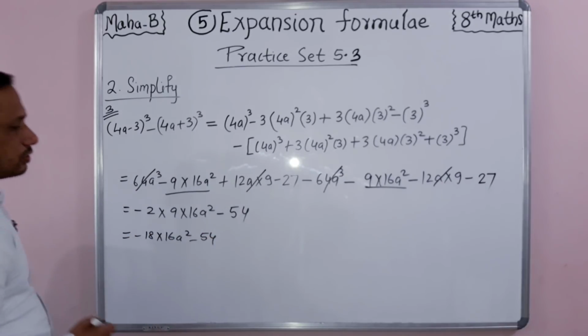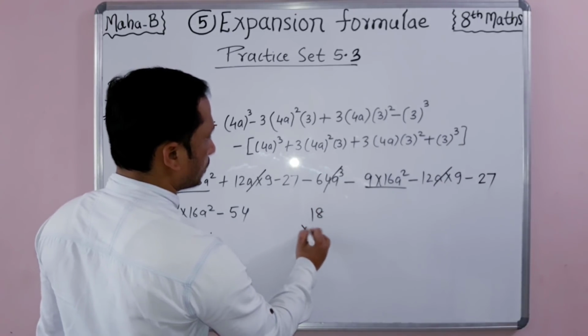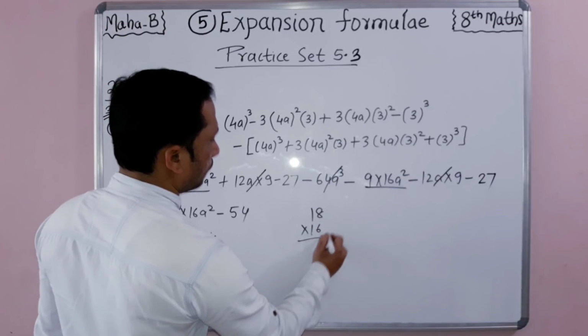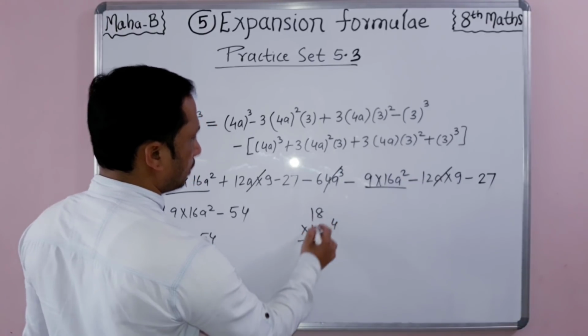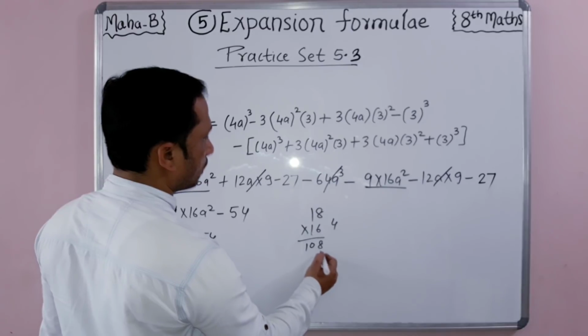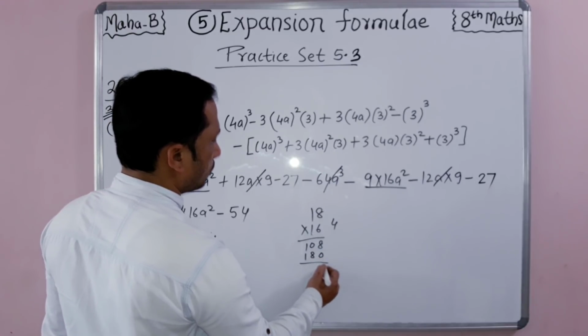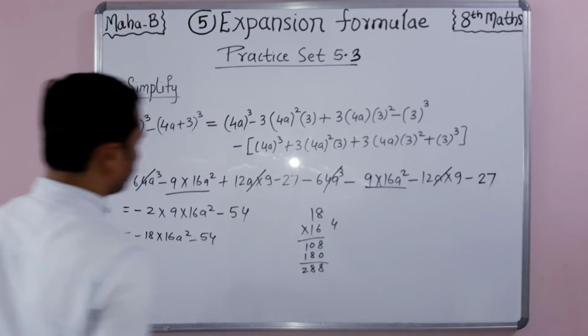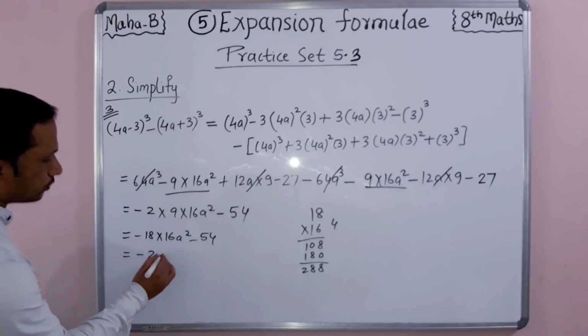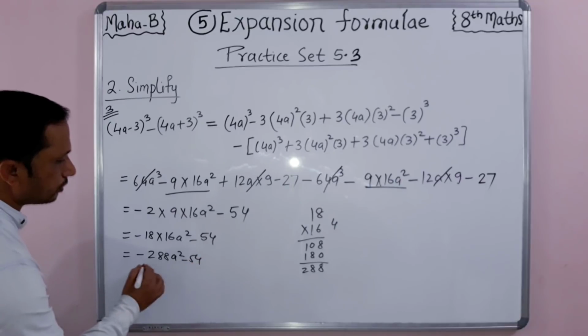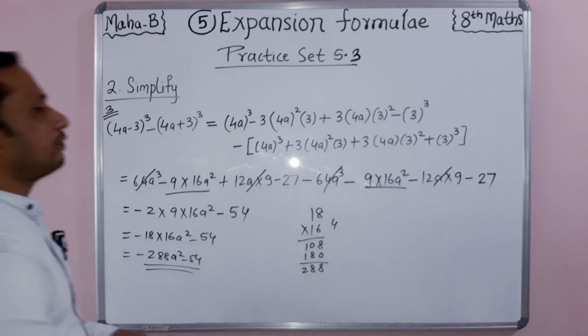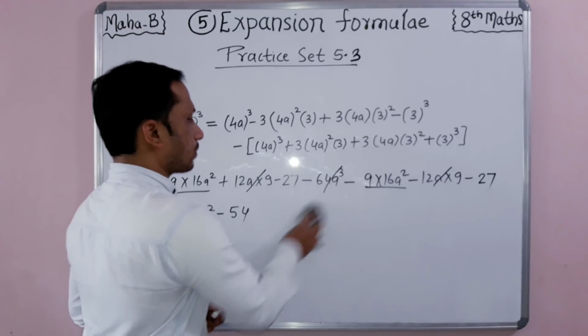So 18 into 16 you have to do multiplication. 8 4s are 32, 8 1s are 8, so 288. So what is it then, minus 288a square minus 54. So this is nothing but the final solution of the given equation.